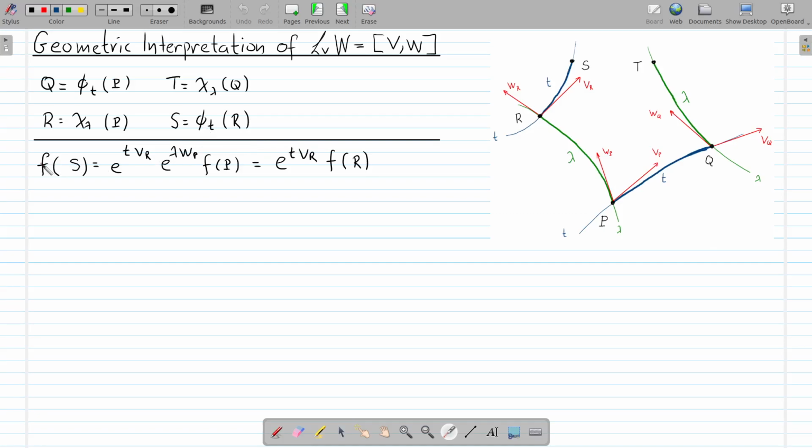Therefore, if we take any function f, its value at the point S can be obtained by starting from its value at P, using the exponential operator e to the lambda W_P, arriving at the value of the function at the point R, and then using the exponential operator e to the t V_R to move from R to S.